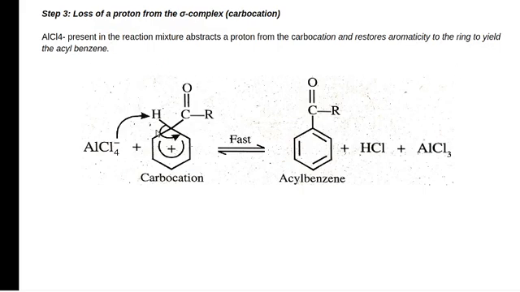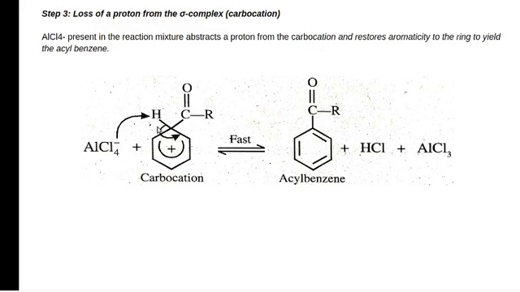acyl benzene. In the second step, there is a loss of aromaticity; the benzene ring loses aromaticity in the second step. In the third step, that lost aromaticity is restored by the abstraction of a proton by the base AlCl4 minus. When this base abstracts a proton from the ring, it will release the electron pair.